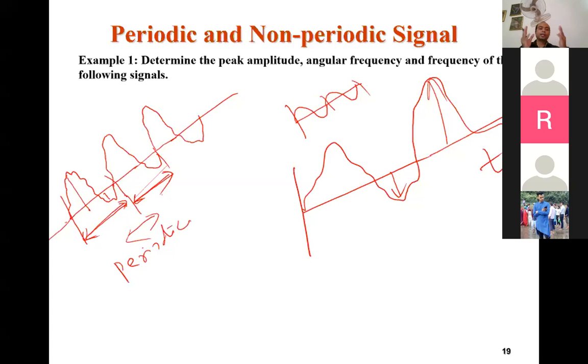The positive and negative may be different, or the signal may not look like a completely smooth wave, as shown in the figure. Positive is different, negative is different, but the first period should be repeated at every particular interval T. Then it will be periodic.